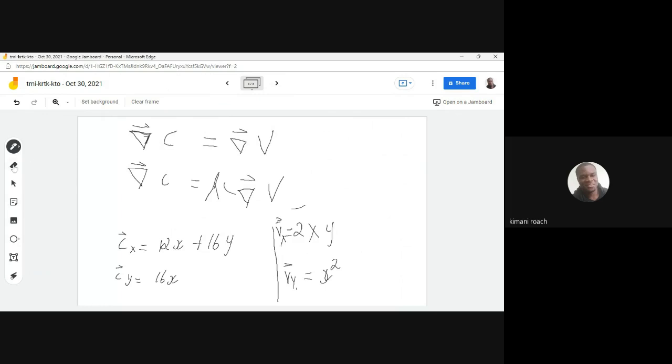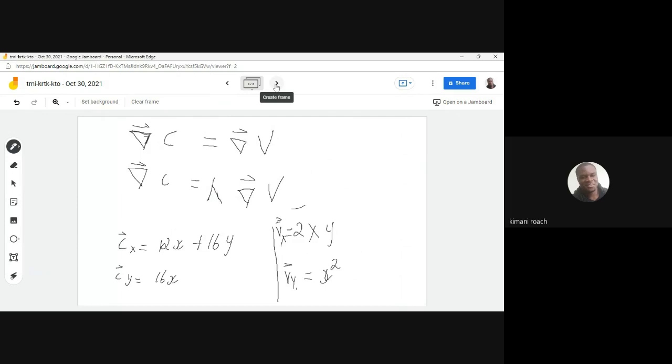The gradient of the cost must be parallel to that of the volume. And once this happens, then the gradient of the cost function will be equal to some constant lambda times the gradient of the volume function.